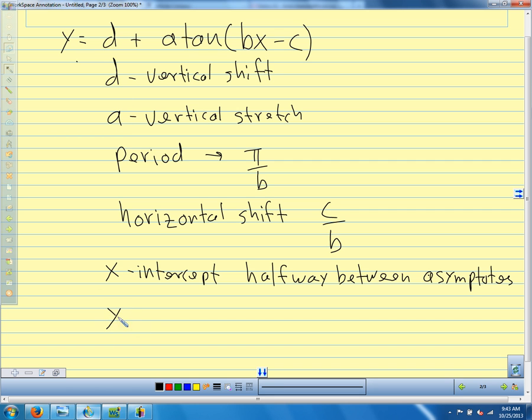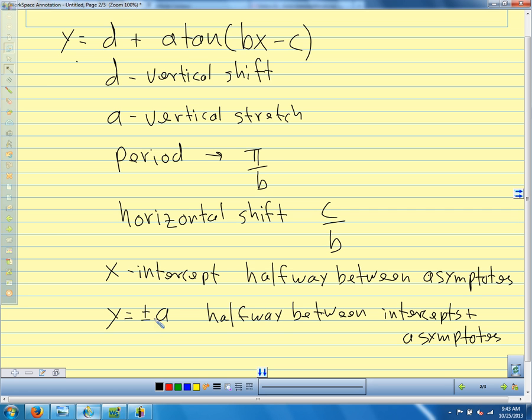We're going to say that y equals plus or minus a halfway between the intercepts and the asymptote. So y is going to be plus or minus a halfway between the intercepts and asymptotes.